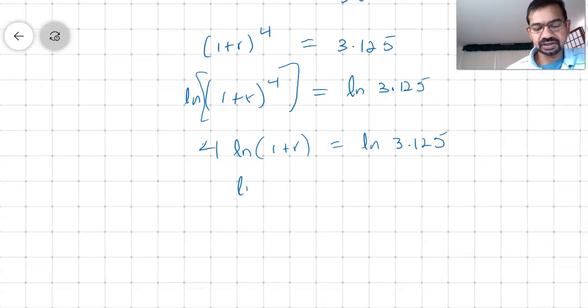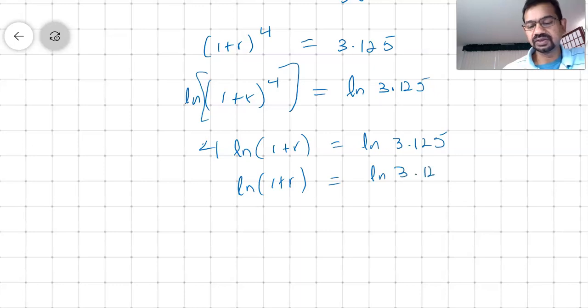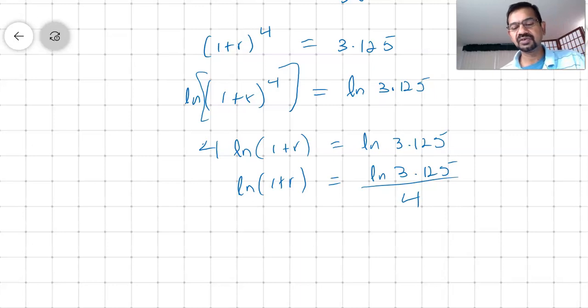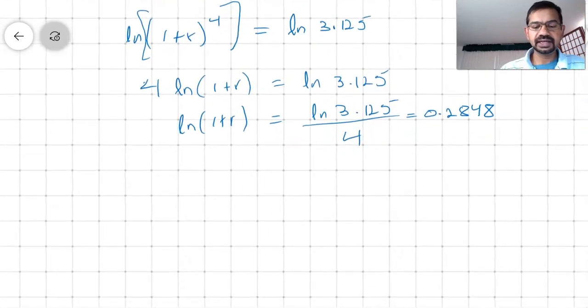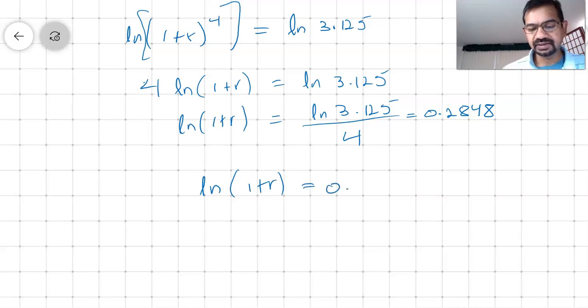Or the natural log of (1 plus r) equals the natural log of 3.125 divided by 4. So we can again now simplify our right-hand side expression, which is 0.2848. So the natural log of (1 plus r) equals 0.2848.